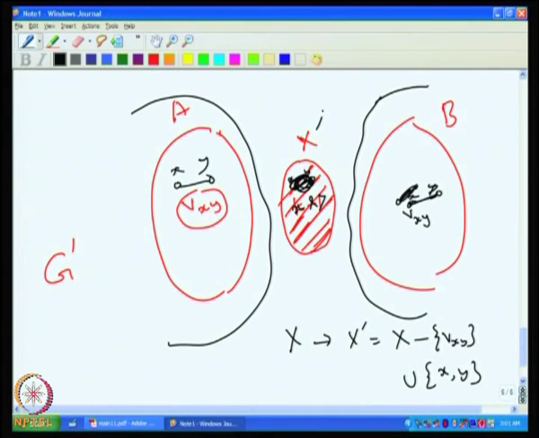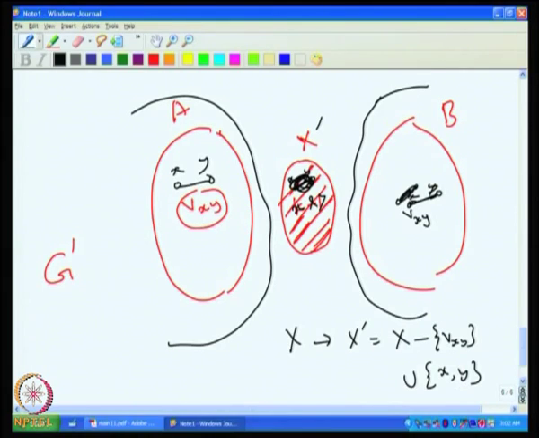So, this x dash is a separator for A and B in G also, is it not? Because if you remove x dash, then it is like removing x in the smaller graph. The only thing is there is one more vertex now. So, it is a k separator, not a k minus 1 separator, right.